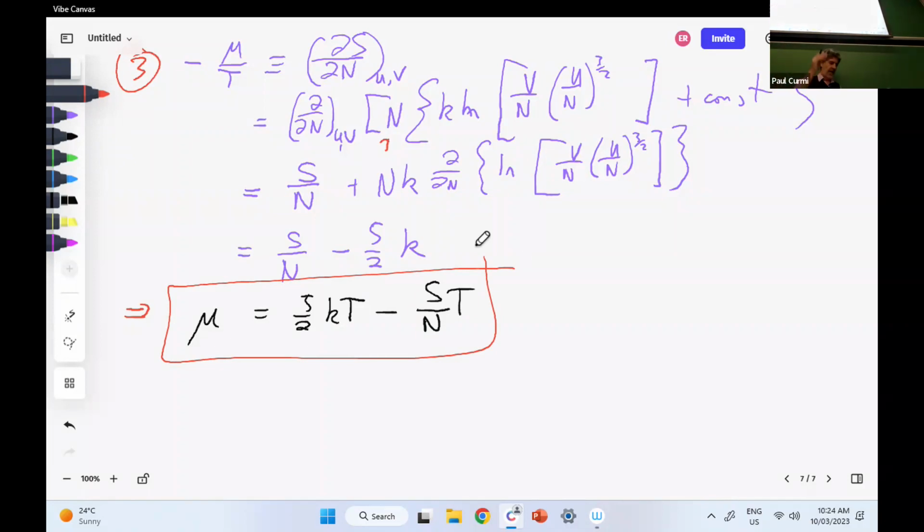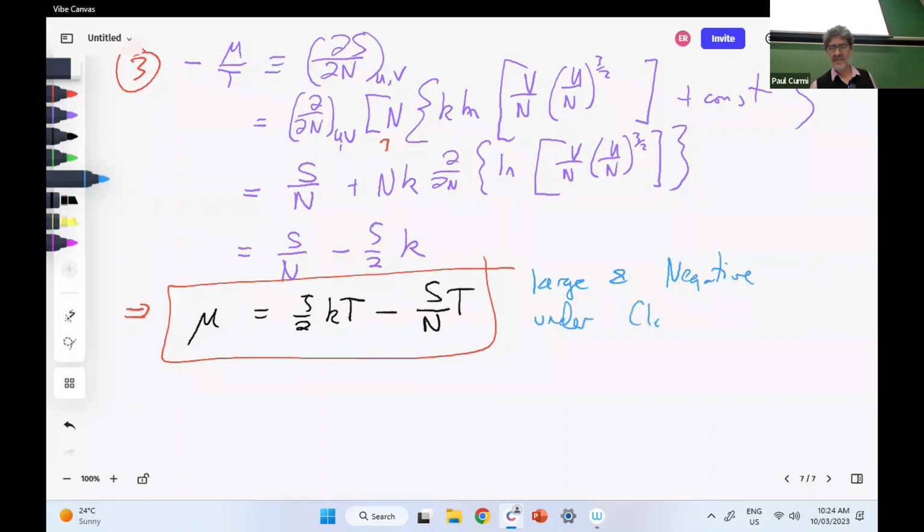And this number is large and negative under classical conditions, i.e. where quantum mechanics does not play into it.